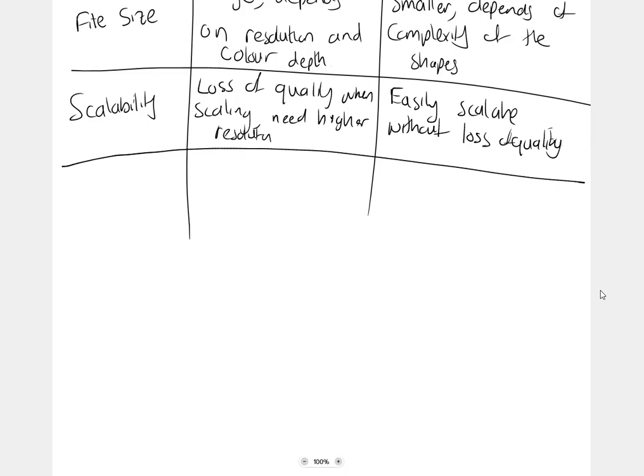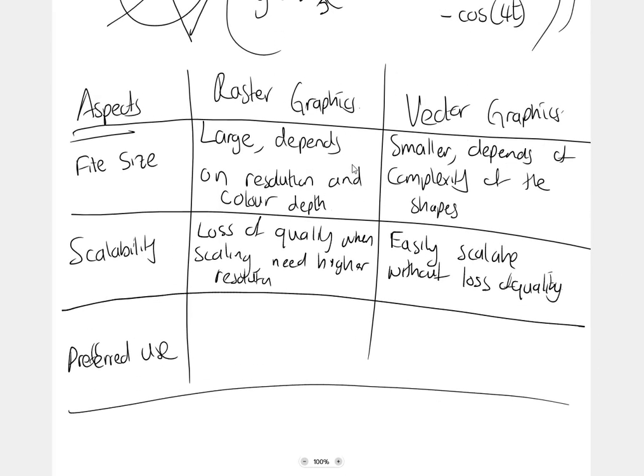So when do we use these things? The preferred use of these images really depends on what you want to do. With raster images, even though it takes a lot more space, you can have very detailed images, and we often want that when we want to take photographs.